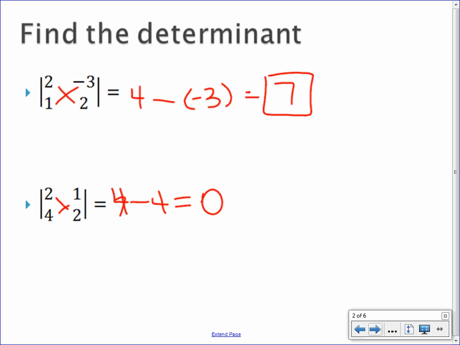Does that tell us anything special? When the determinant is 0, it means that the inverse does not exist. Because when we find an inverse, we take 1 over the determinant.